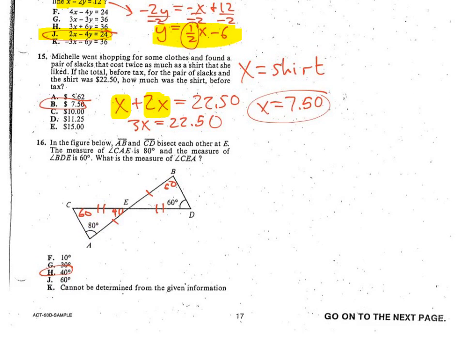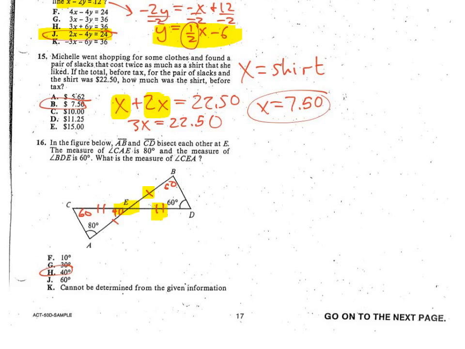And finally for this page, number 16, since it says that AB and CD bisect each other, we can label that this side is the same as this side, and this side is the same as that side. And so since those sides are the same, and we have vertical angles right there, we know that these two triangles are equal.